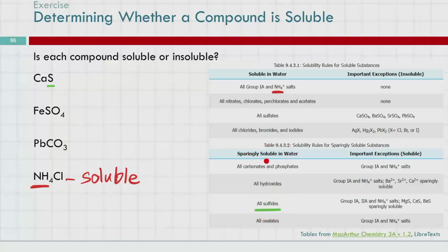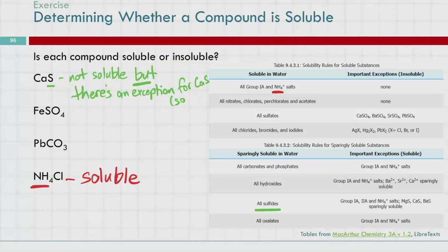So sulfides are not soluble in water, but we do have an exception for CaS, so it is soluble. It's not soluble, but there's an exception, so it is. I'm writing it out this way to help you work through the process in case you come back and look at the slides. So this one is soluble.